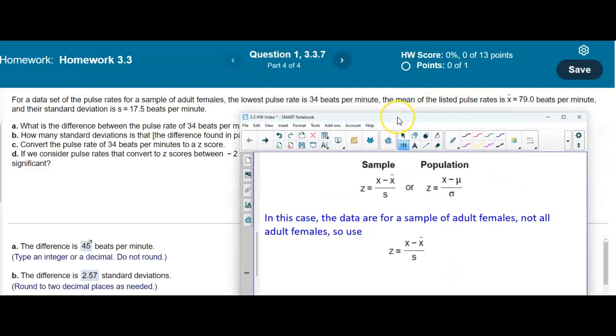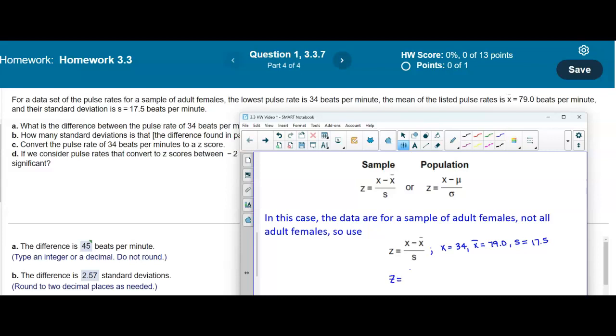Okay, so what's given in our problem? Well, we know that the value of x that's given is 34. We know that our sample mean is 79.0, and we know that the sample standard deviation is 17.5 beats per minute. So now it's substituted into our formula.